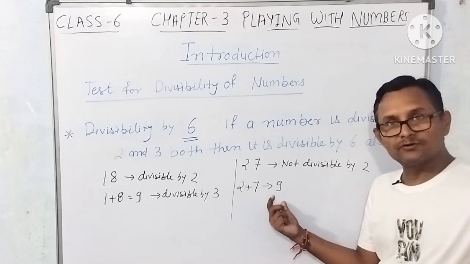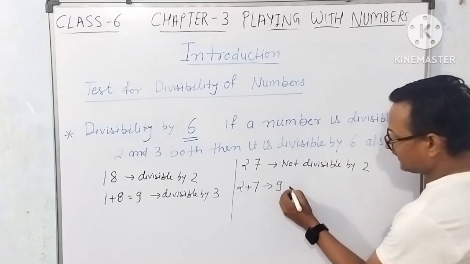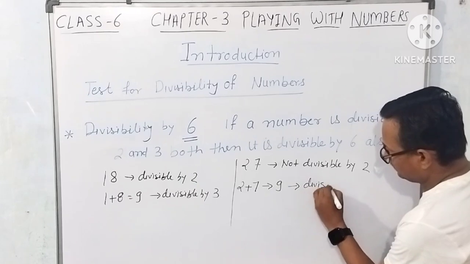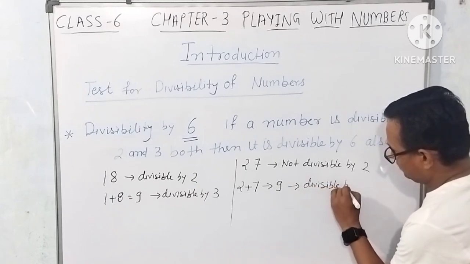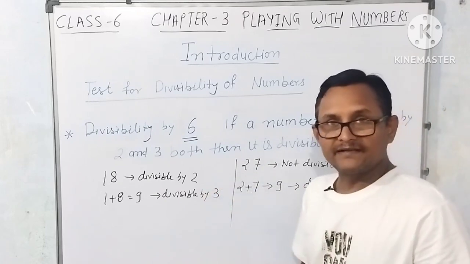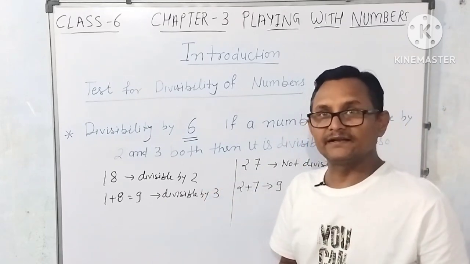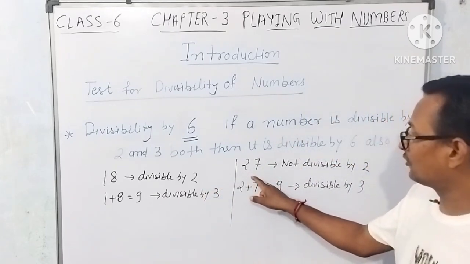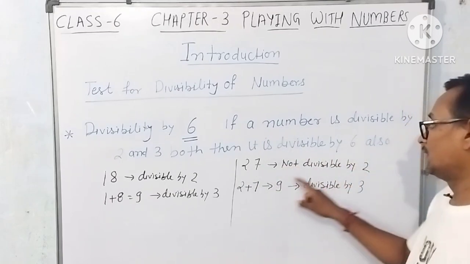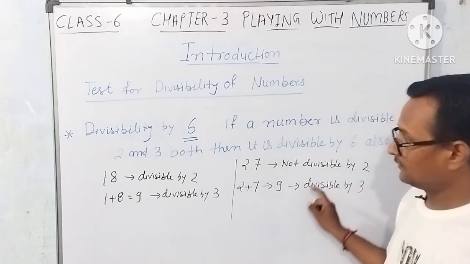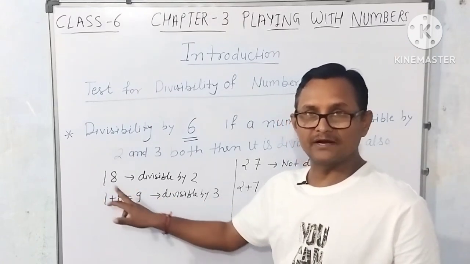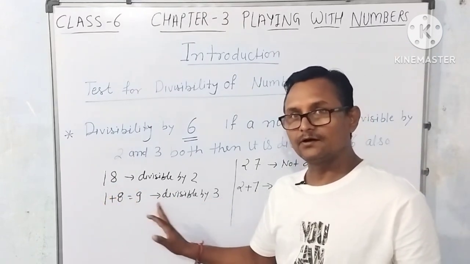So 9 is divisible by 3. But friends, according to the rule, a number must be divisible by both 2 and 3. So we can say 27 is not divisible by 6, because it is not divisible by 2, it is divisible by 3 only. And 18 is divisible by 2 and 3, so 18 is divisible by 6 also.